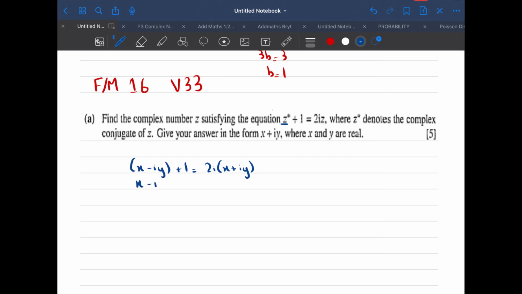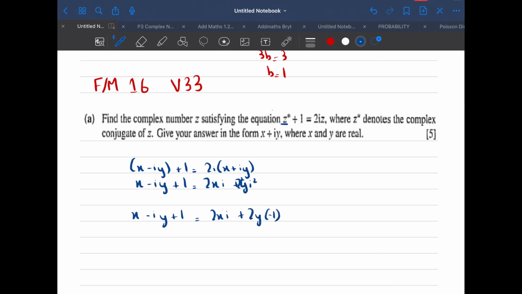It's going to be x minus iy plus 1 is equal to 2xi plus 2i square y. Now, it's going to be x minus iy plus 1 is equal to 2xi plus 2y minus 1.